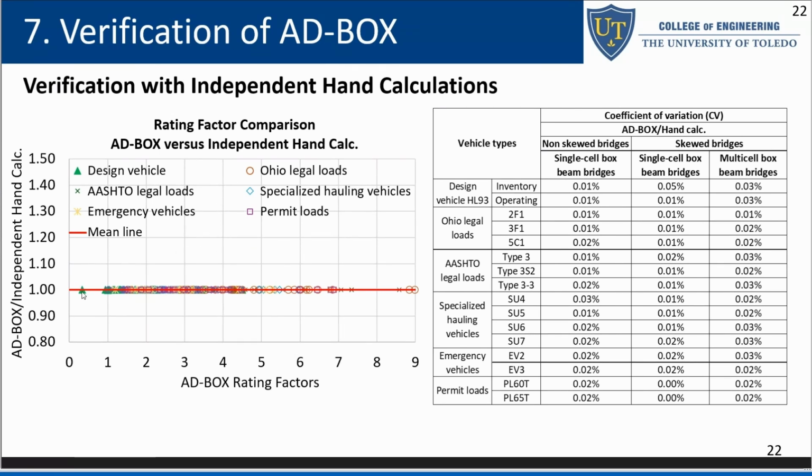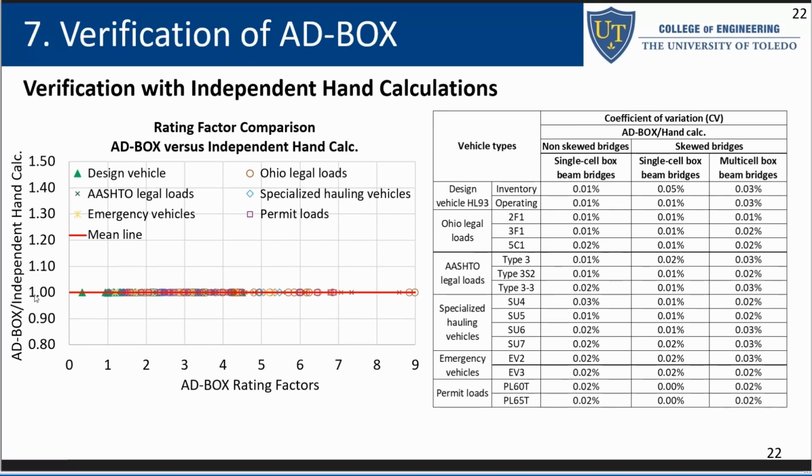For each vehicle type, the ratio perfectly aligns with the mean line. So this indicates that the values calculated by AASHTO align with the values from the independent hand calculations.